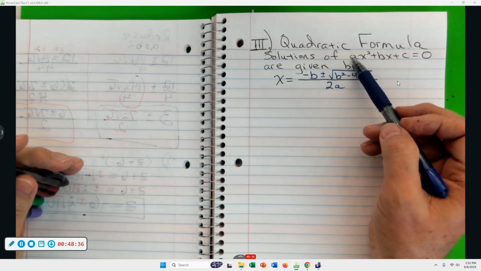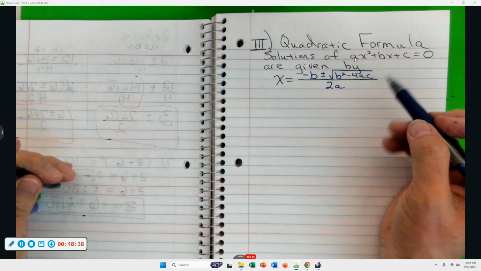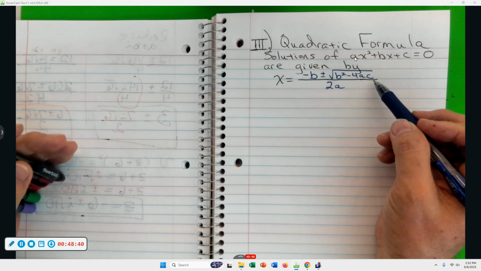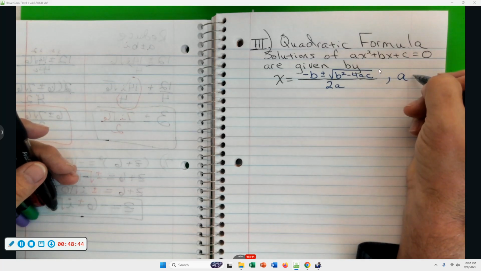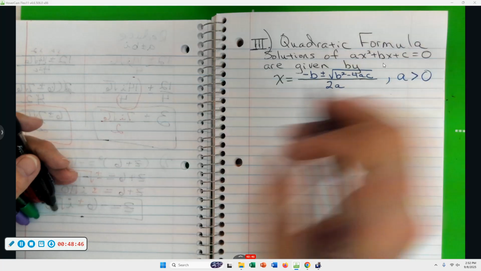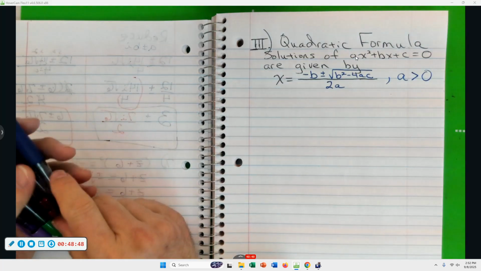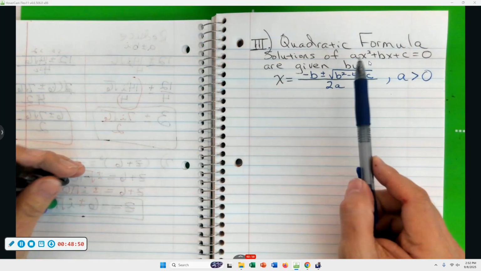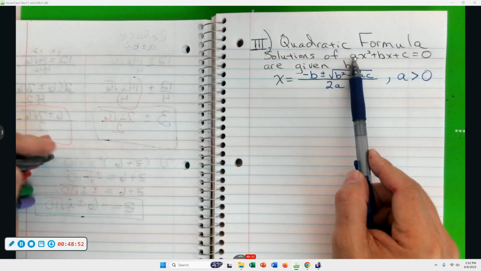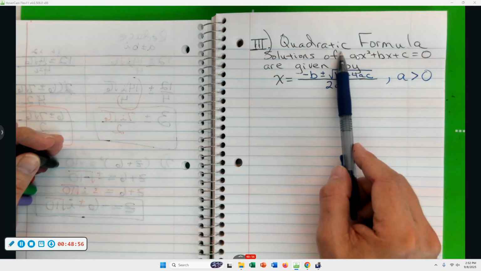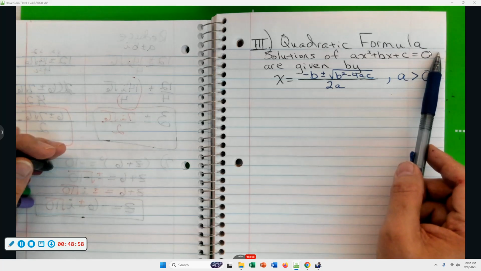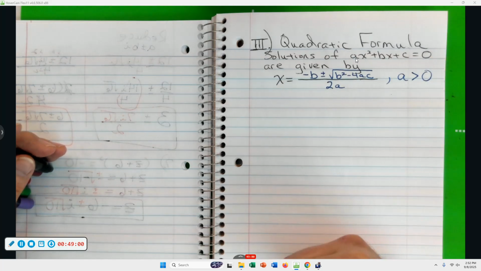That means you have to have an a value. Now, before I use this equation, I want my a value to be positive, a greater than 0. If it turns out to be negative, I'm going to move everything over to the other side so that the a value becomes positive.